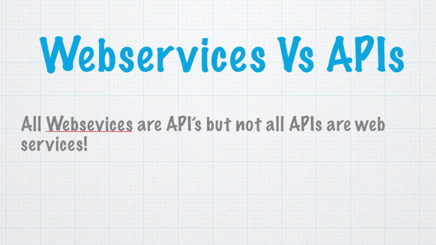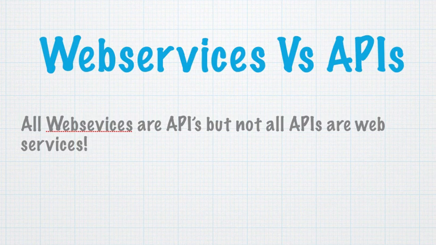So now we have talked about APIs, and we said that APIs are ways for two systems to communicate with each other over the network. Or we can use them as library APIs, where we can have the jars downloaded into our web application, and extend or build upon features using those. The one big question that pops up is, what is the difference between web services and APIs then? The answer is simple.